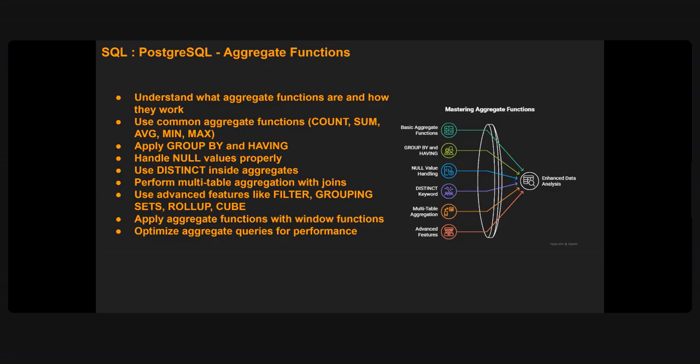Like I said, you make use of group by and having, and handle null values properly. You can use distinct. I showed you a couple of examples yesterday also. What is the use of distinct?